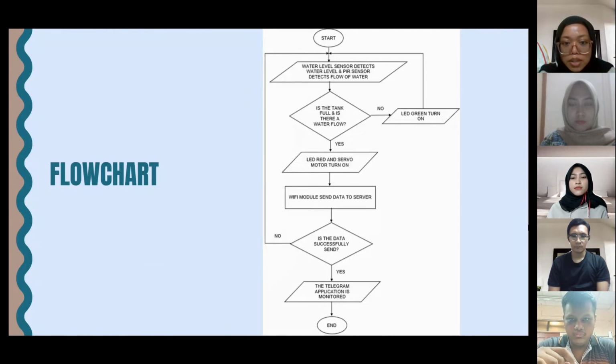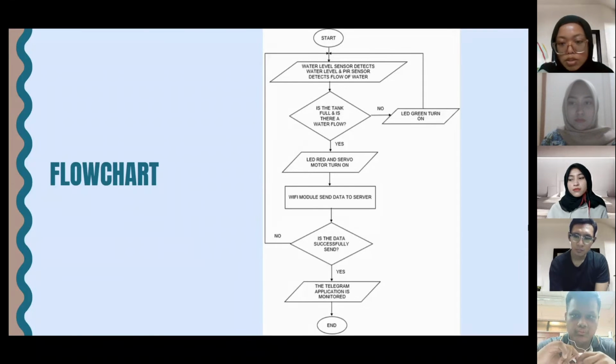If the water in the dam reaches a dangerous level, which means the dam is full, the red LED will turn on to indicate a dangerous situation, and the overflow of water will pass through the PIR sensor. Then the PIR sensor will trigger the Wi-Fi module ESP8266 to notify the user through the Telegram app of the current situation.